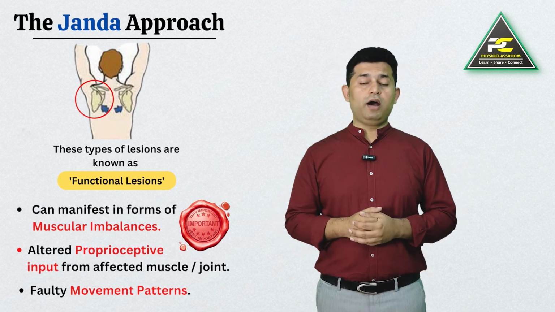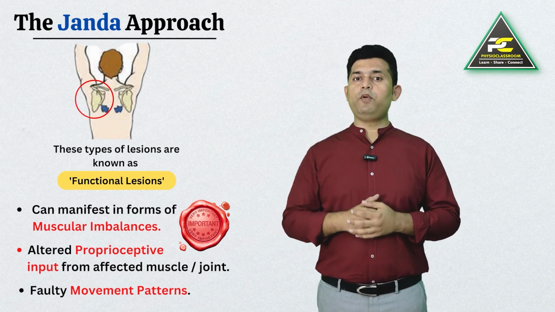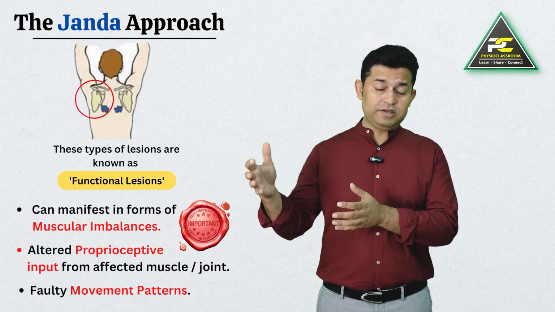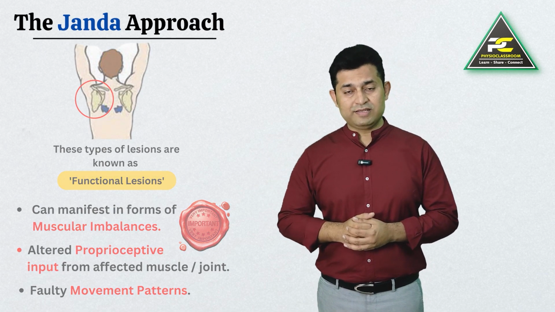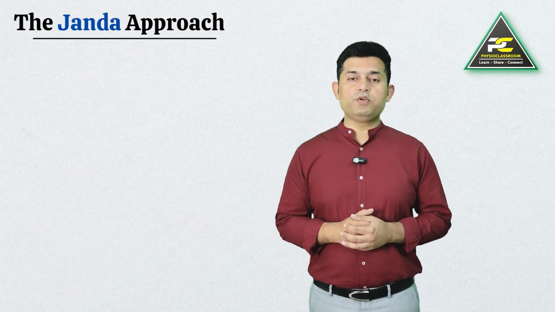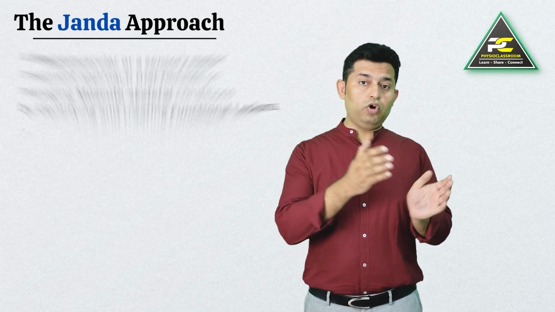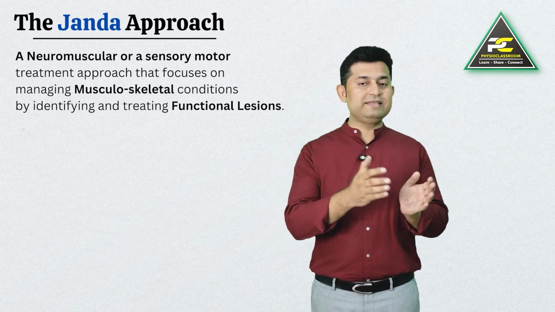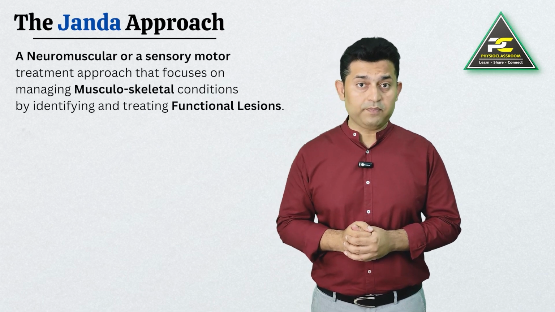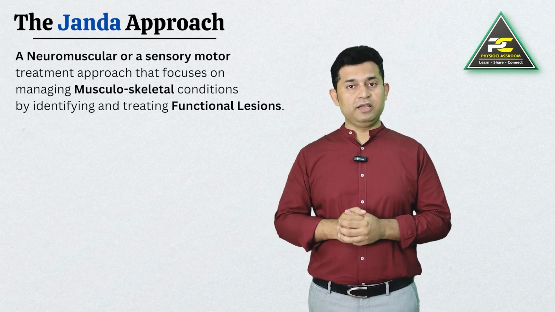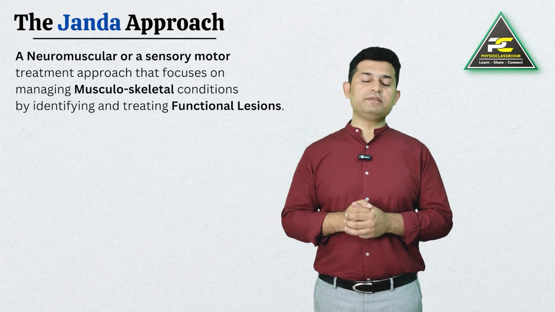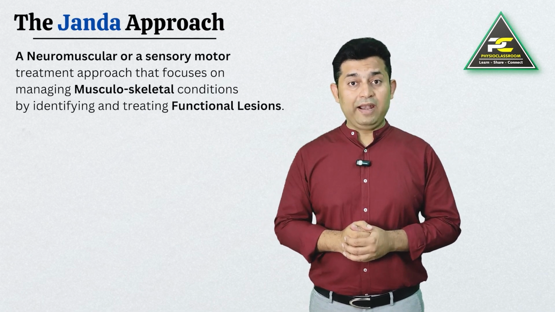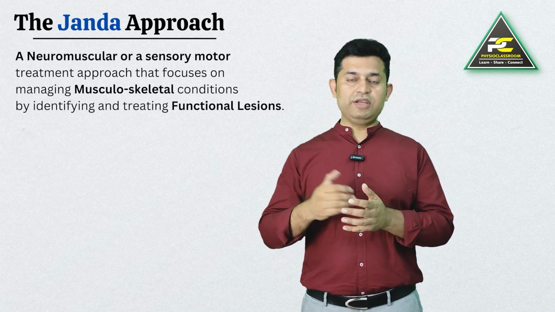This is what a therapist who practices the Janda approach looks for in their patient while making a diagnosis. So, the Janda approach can be defined as a neuromuscular or sensory motor treatment approach that focuses on managing musculoskeletal conditions by identifying and treating functional lesions.